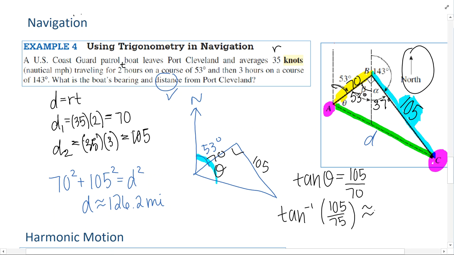Then calculator buttons, and we get that this is about 56 degrees. That's this angle right here. We add to that the 53 and we get the bearing: 53 plus 56 is 109 degrees from north.